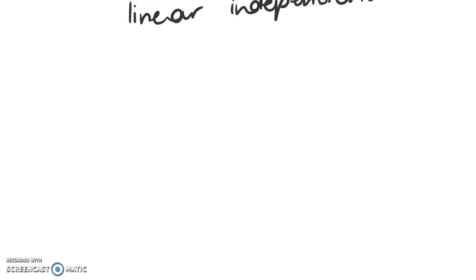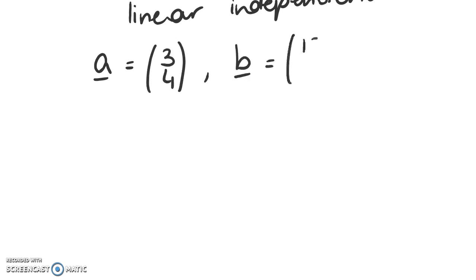An example of that is if we have the vectors a equal to (3, 4) and b equals (12, 16). Straight away, by looking at these vectors, we could say, well, b is just 4 times our vector a.